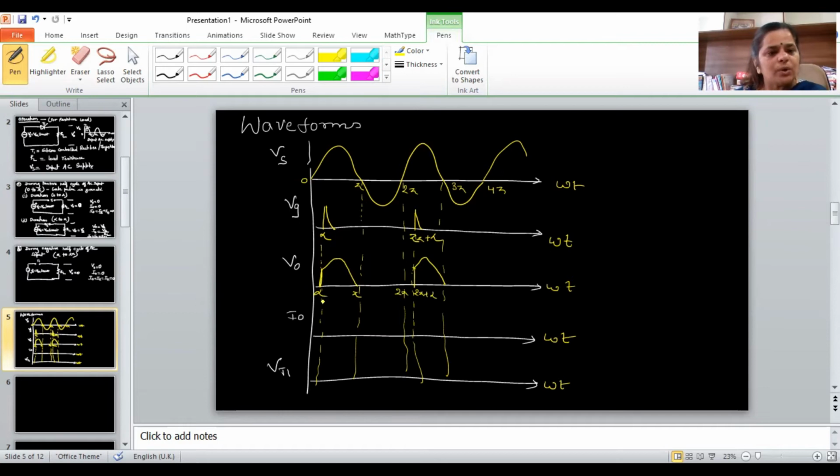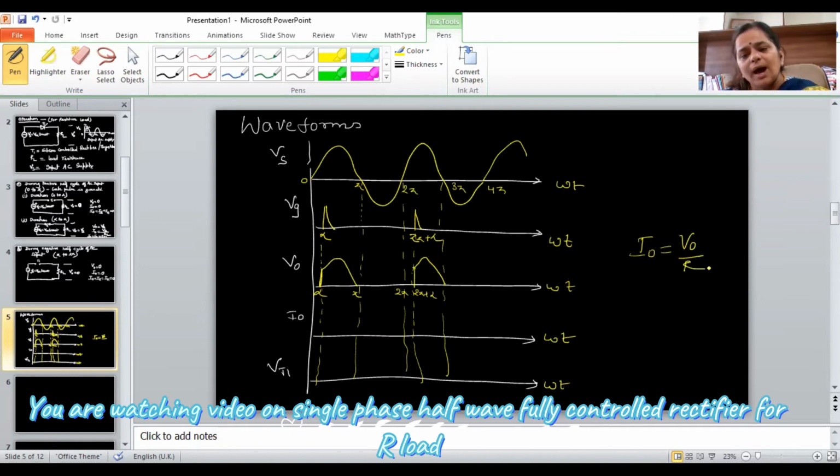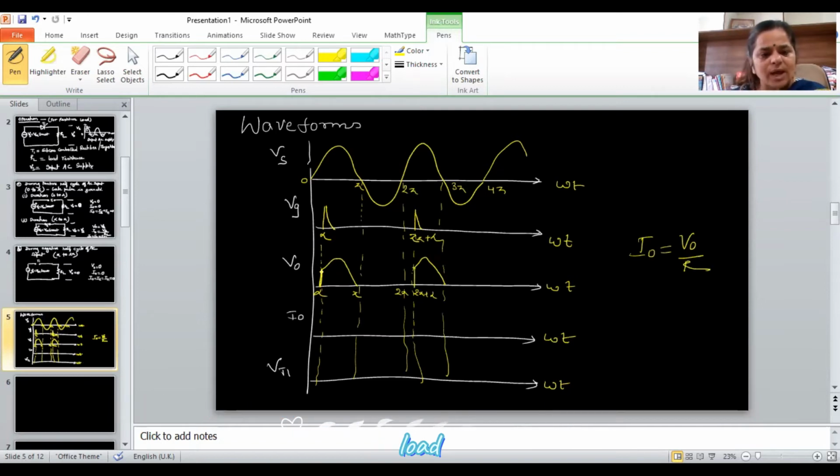Now, as we know that for a resistive load the voltage and current will be in the same phase, the load current will be V naught by R. So whatever the instantaneous value of V naught will be there, divided by R will be the load current. That means we will get exactly the similar wave shape, only divided by the magnitude R. So load current also I am going to get from alpha to pi.